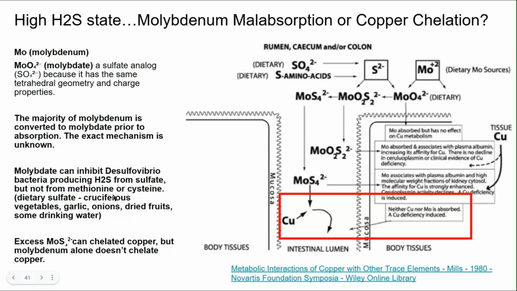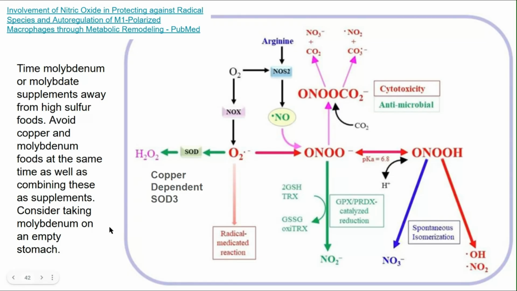And the problem is, again, that was an in vitro study, and we wouldn't be constantly inundating our intestinal tract with sodium molybdate. So I would be careful and be aware of your copper status, because you do need copper for superoxide dismutase.